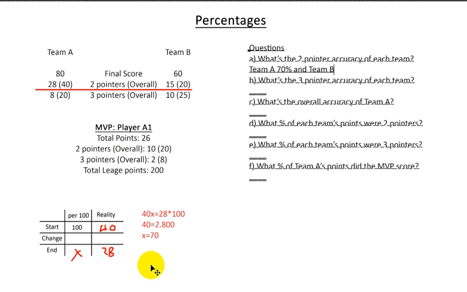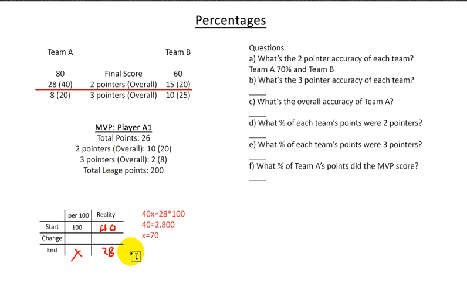For Team B, let's select the correct layer. For Team B, they shot a total of 22 pointers, sorry. And they scored 15.